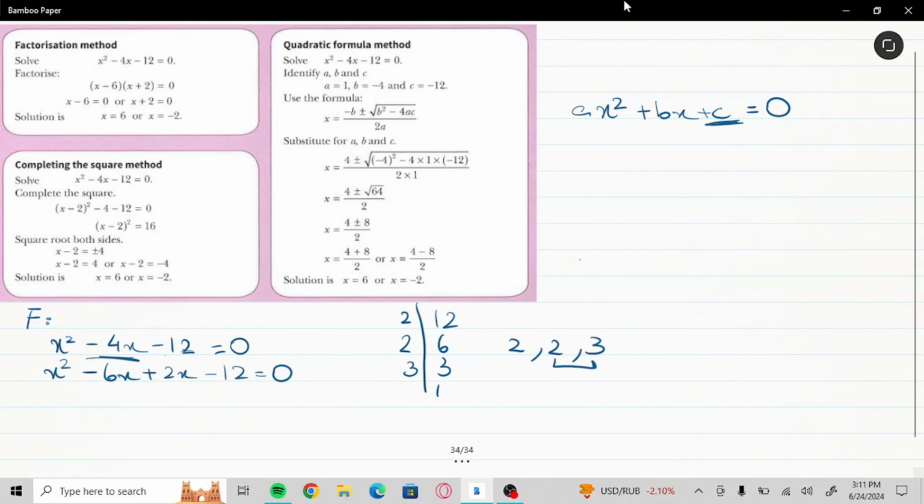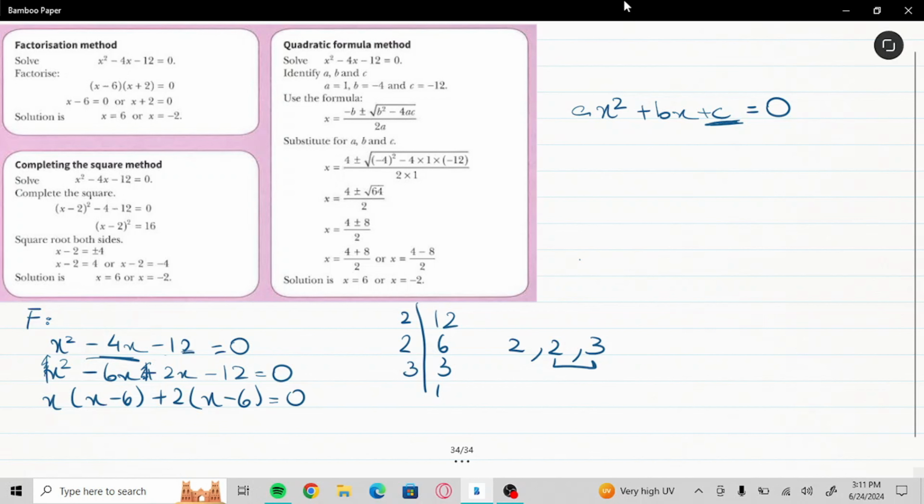So x squared minus 6x plus 2x minus 12 is equal to 0. Now factorize this in two parts: first the first half, then the second half. By the way, this is not a modulus I've added. Taking x plus 2 as the common factor, x minus 6 is equal to 0.